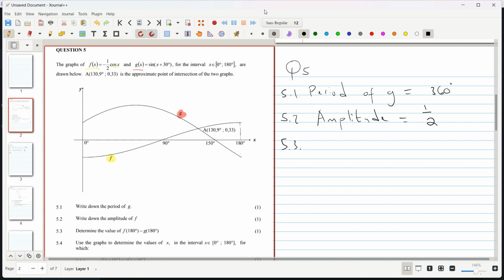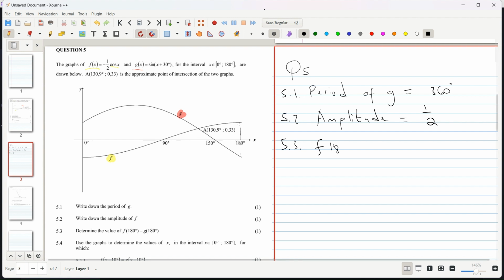So how can we find f of 180 minus g of 180? We need to go back to the equations that they gave us. We're given f as negative half cos x. So we are looking for f of 180 degrees minus g of 180 degrees.